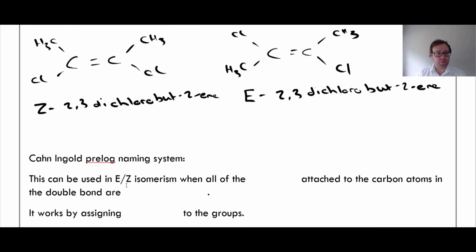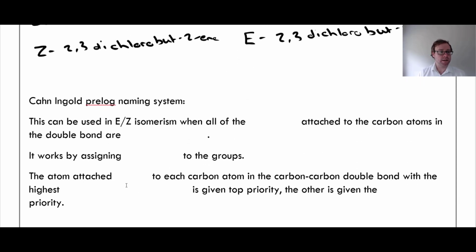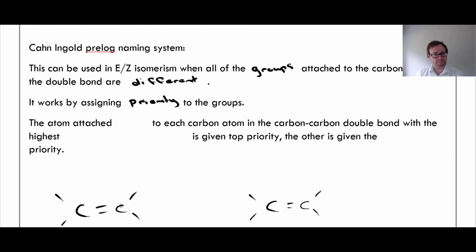Okay, now I rushed through that a bit quickly because I want to go on to the Cahn-Ingold-Prelog naming system. So this can be used in EZ isomerism when all of the groups attached to the carbon atoms in the double bond are different. It works by assigning priority to the groups.